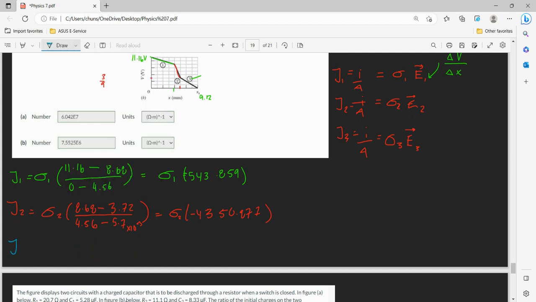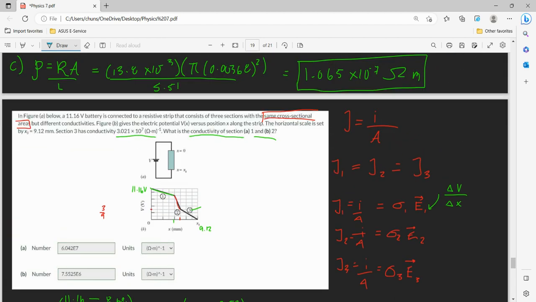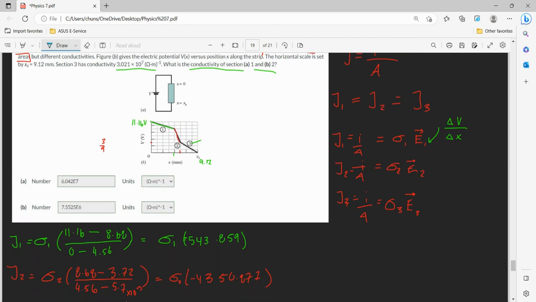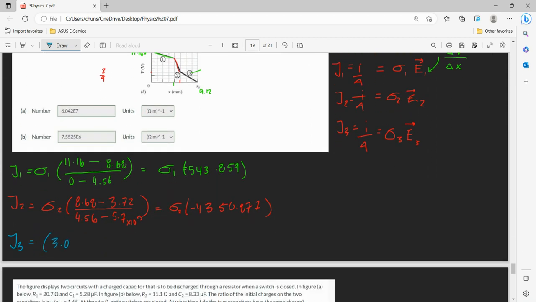we can already find what J3 is going to be because we have our value for conductivity here, which is 3.021 times 10 to the 7. And then we just need to find what this last slope here is. So this is from 3.72 down to 0.